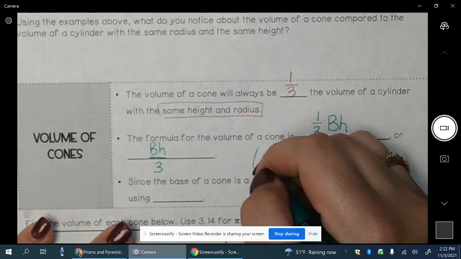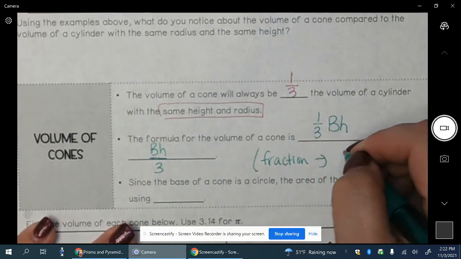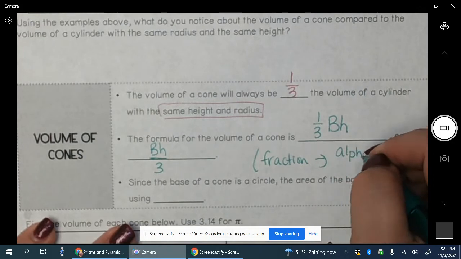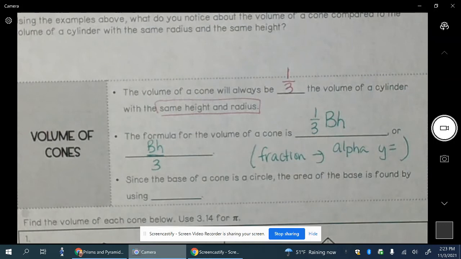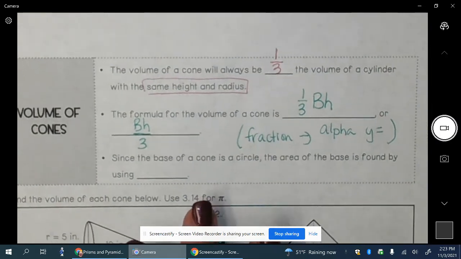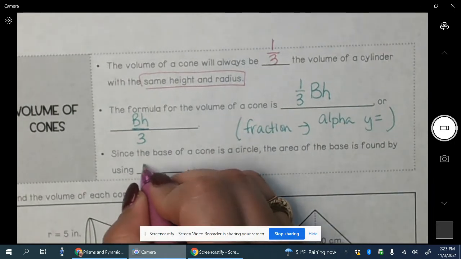How do you put a fraction in a calculator? Fractions to decimal, right? Alpha y equals. That gives you your fraction. You can also just do parentheses, a number divided by another number, or you can do alpha x. But alpha y equals is one way. And then, how do you find the area of a circle?